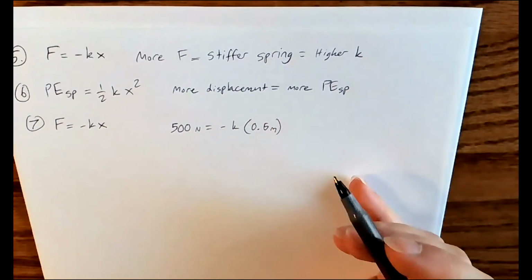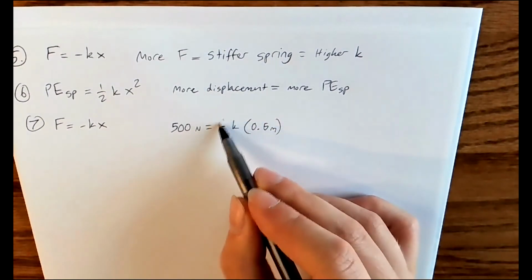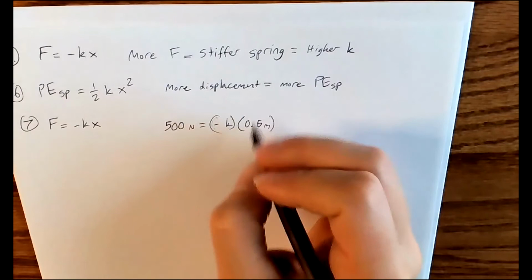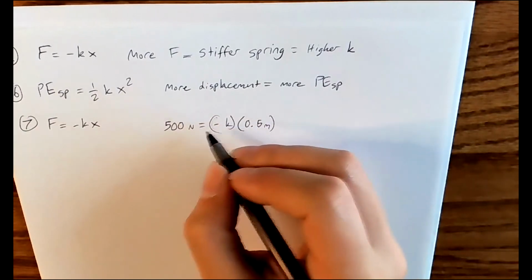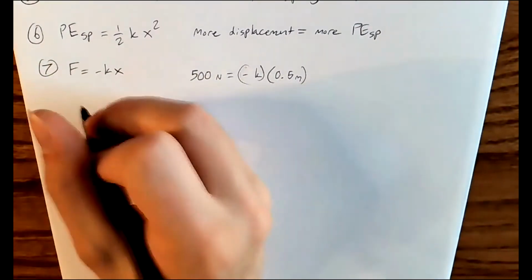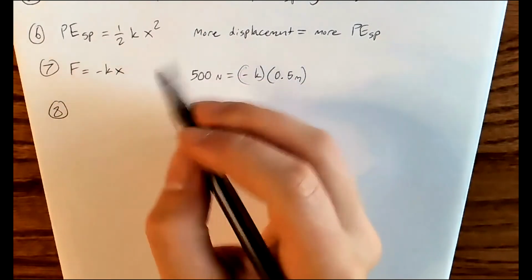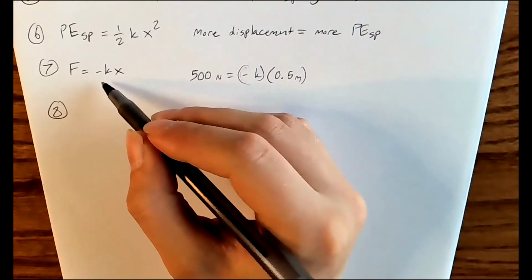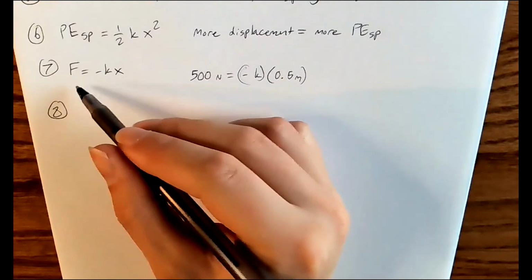In order for that to be true, k would need to be large. That's just an example. But a small number times a large number, you need a large number to equal a large number. That's all that means.